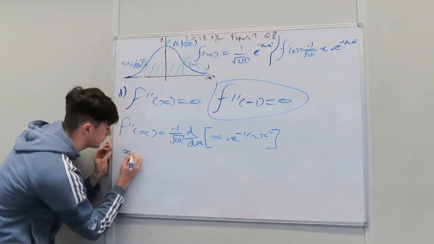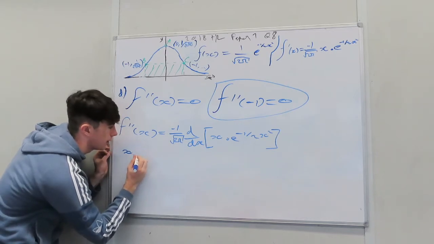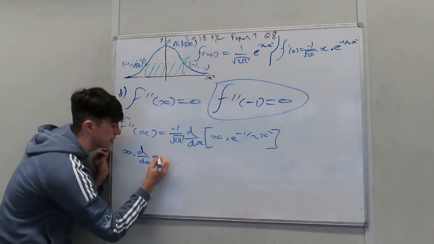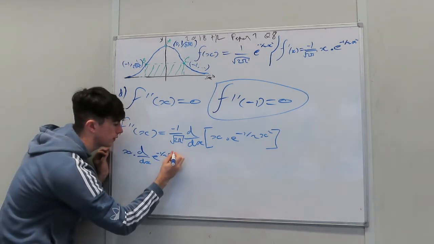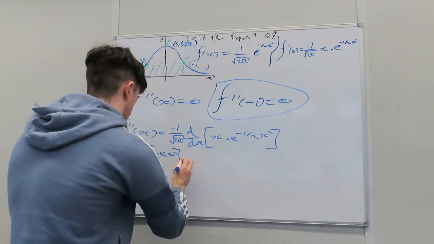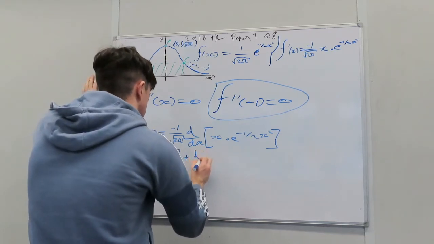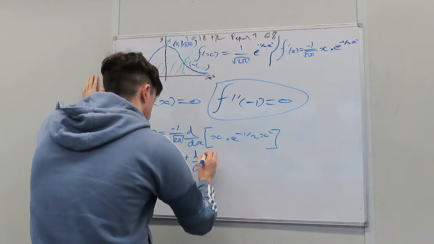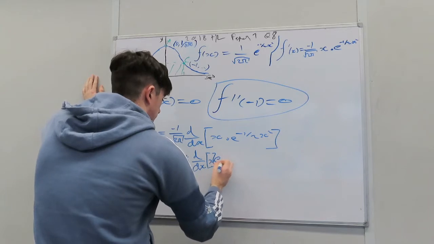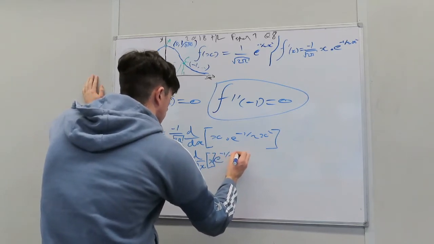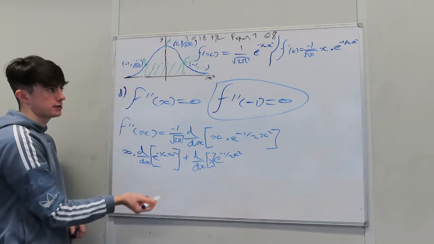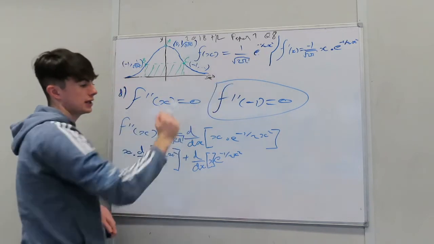We'll get x multiplied by the differentiation of e to the negative half x squared. And we add that to the differentiation of x, okay, so we already know what this is because we did it up here and in the last part of the question.